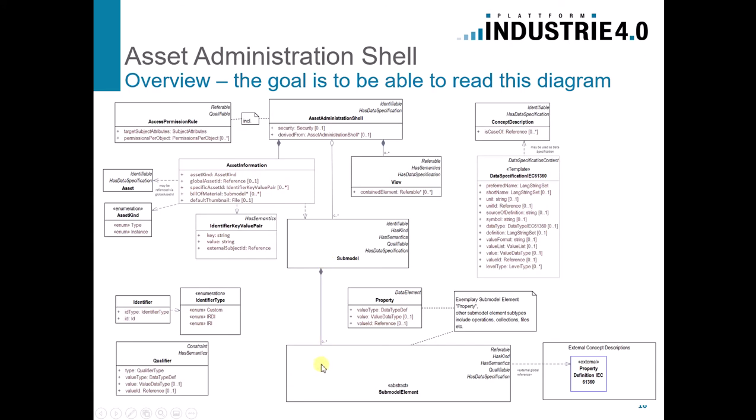One of the most important or typical submodel elements is the so-called property. And as you know, the asset administration shell represents an asset, and the information with respect to the asset is stored here in the asset information class.